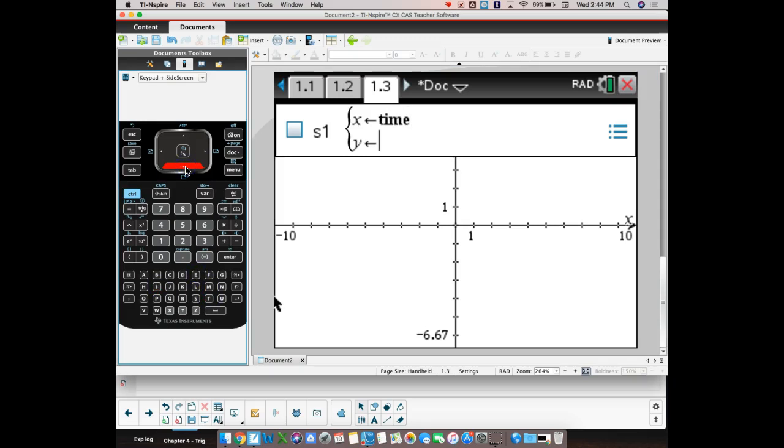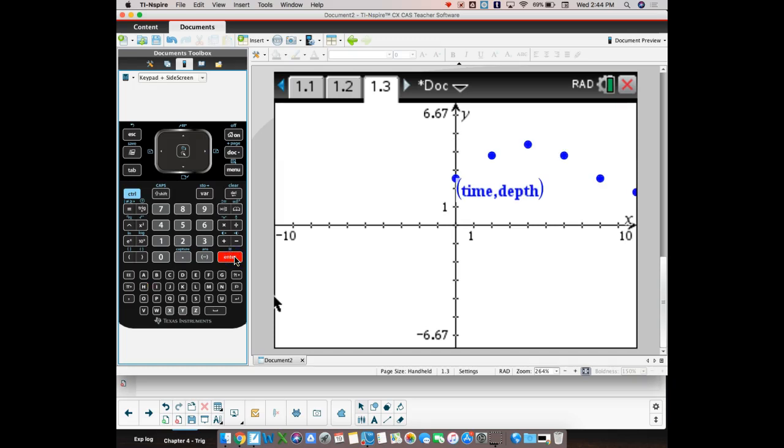The Y value will be depth, or whatever you titled your columns. Then when I hit enter, I see that. Yes? Okay.